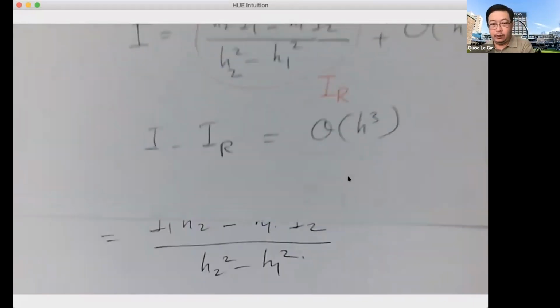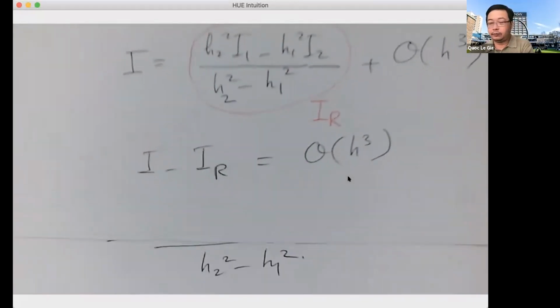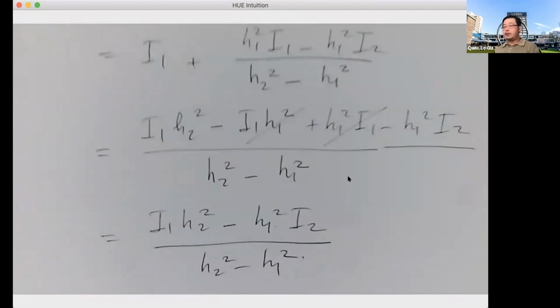So they are the same. We show that it's possible to find something more accurate than I1 and I2, and we don't have to evaluate the integrals again. Suppose the function is very complicated, then this will save a lot of time.